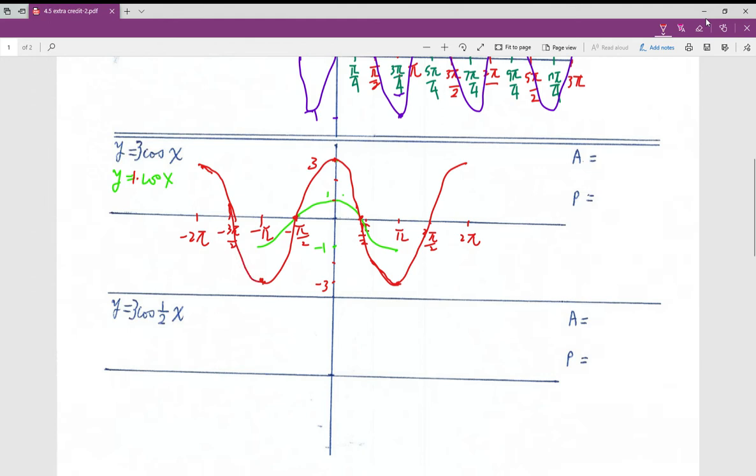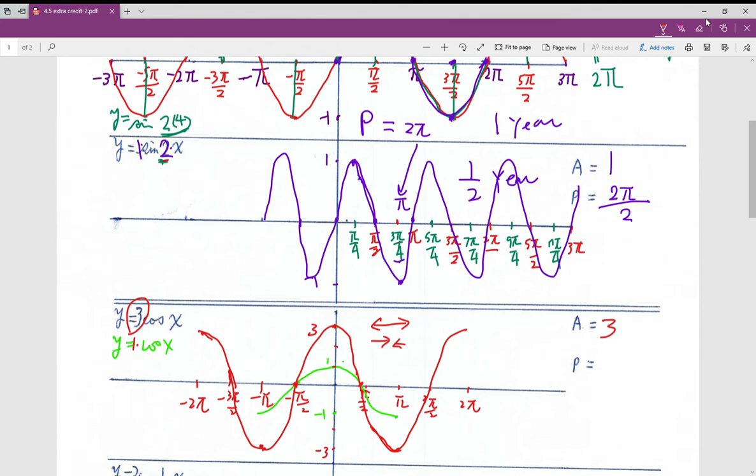Okay. So the amplitude is 3. This number. That's pretty easy because everything is times 3. So the biggest number is 3. Now the period, because we didn't stretch or squeeze the graph, like earlier when we said we squeeze the graph, right?